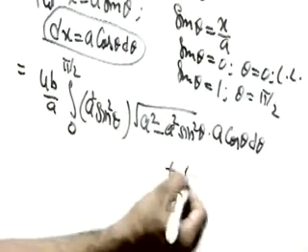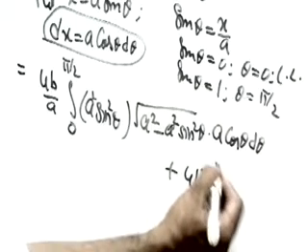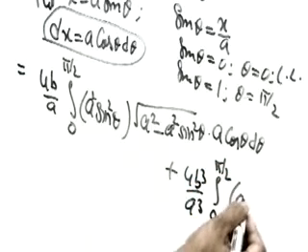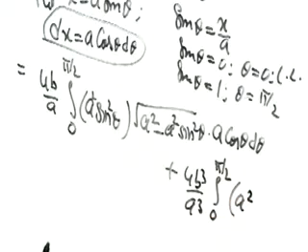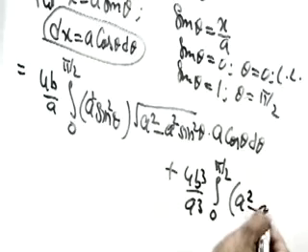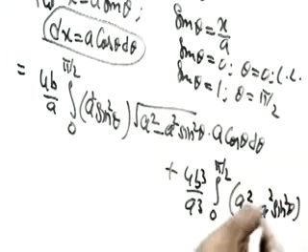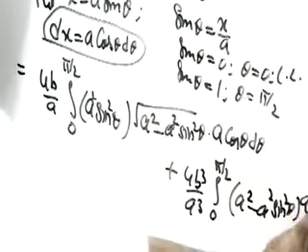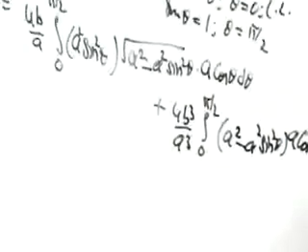We have 4b cube by a cube, integration 0 to pi by 2, a square minus x square is a square sine square theta, into dx is a cos theta d theta.